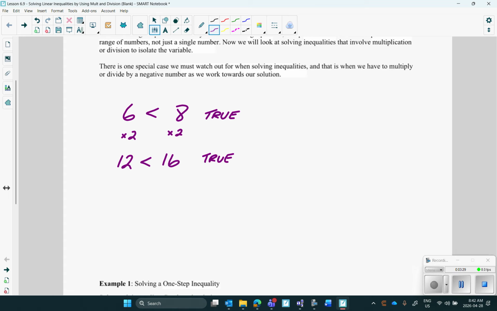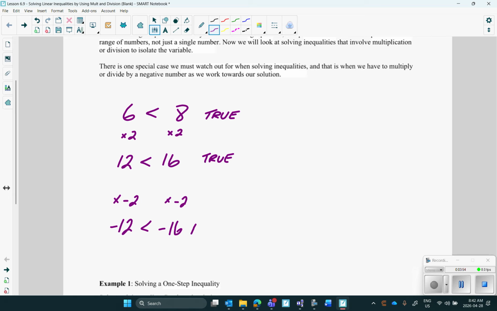But what if I took the original and multiplied by negative 2? I get negative 12 less than negative 16. That's false. So notice what happens. We have a problem when we multiply both sides by a negative.